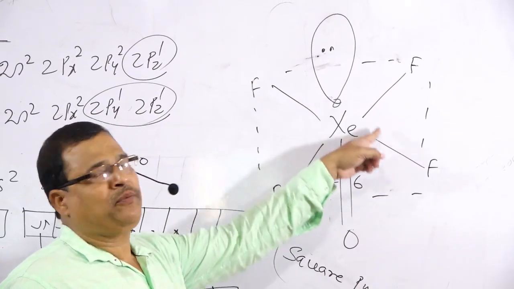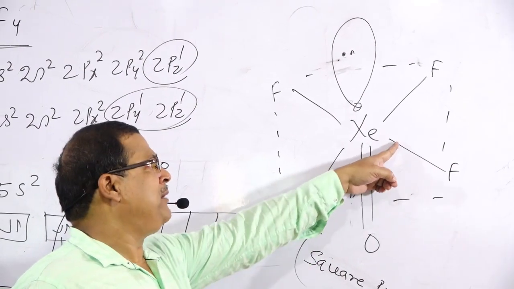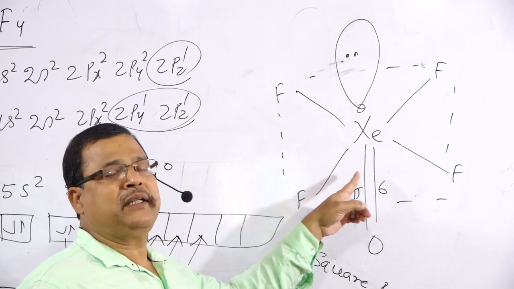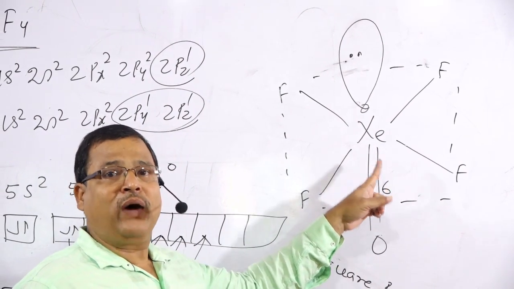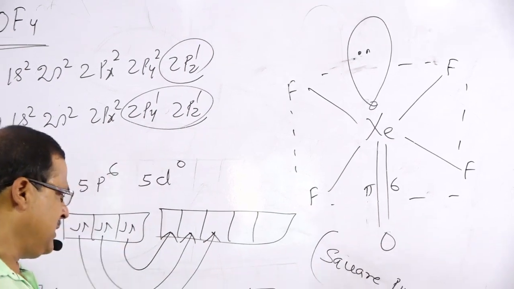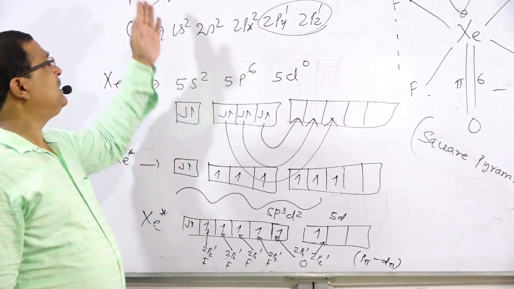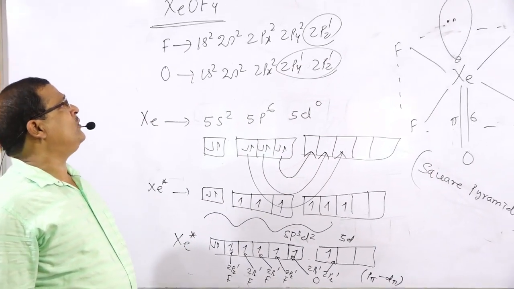That is 6 pairs of electrons. But among these 6 pairs, 5 pairs are involved in sigma bond formation, and 1 pair is involved in pi bond formation by p pi d pi bond. So this is regarding XeOF4.